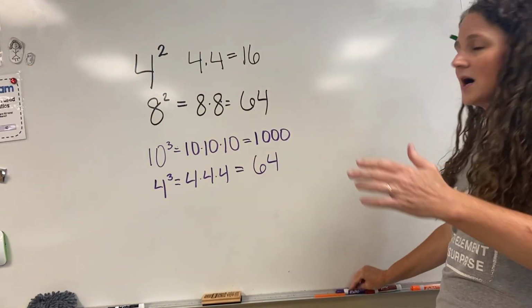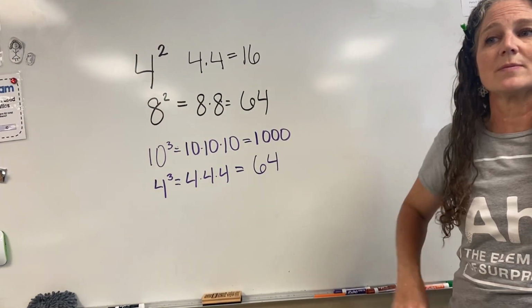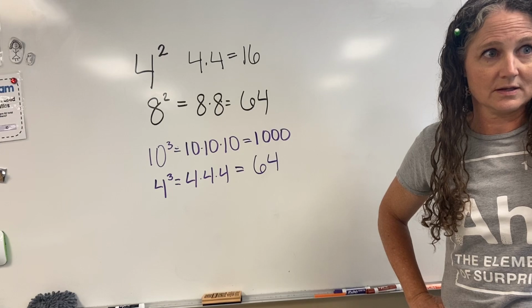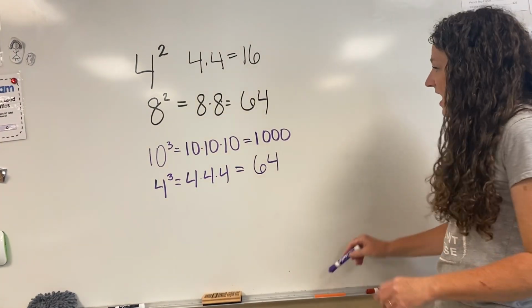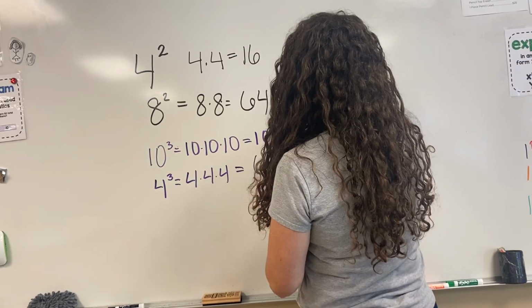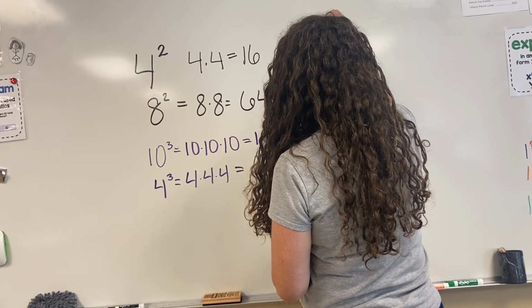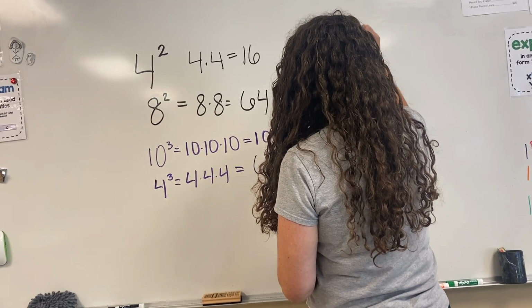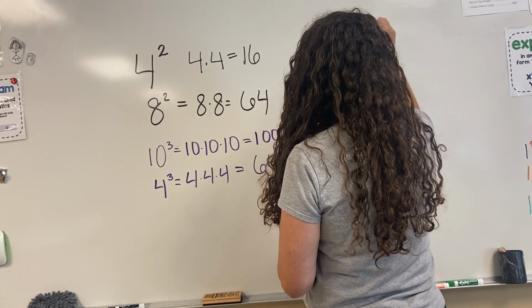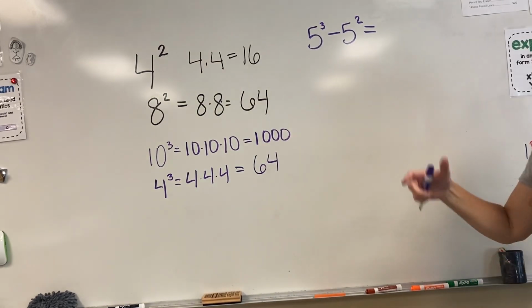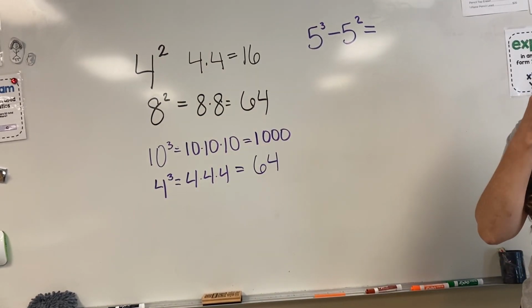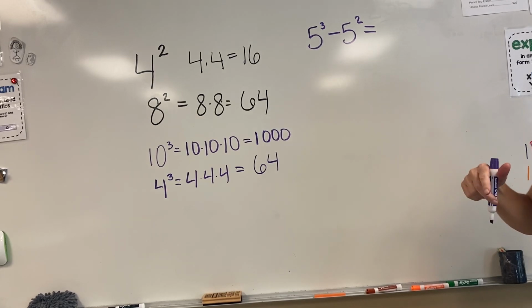Okay, so can we do math with this stuff? We're going to make a prediction without mathing. What if I have 5 to the third power minus 5 to the second power? What do we think that's going to be? Who can predict? What do you think, Kessler? 5 to the first power?